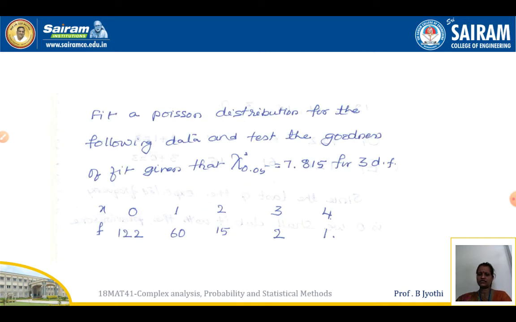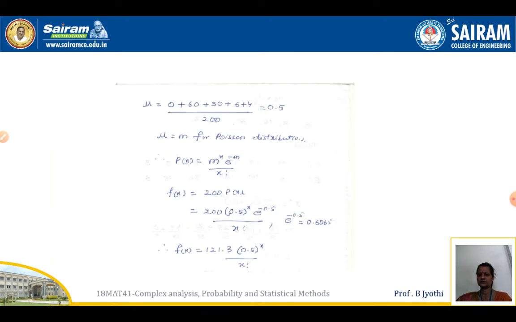This 200 is obtained by adding all of these: 122, 60, 15, 2 and 1. So we are getting the mu value as 0.5, and we know that for the Poisson distribution mu is equal to m, and the formula for the Poisson distribution is given by m power x e power minus m divided by x factorial.